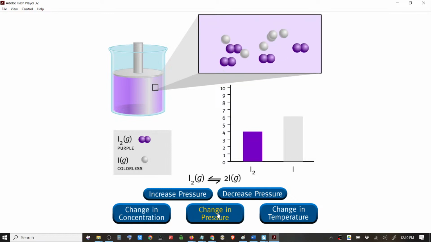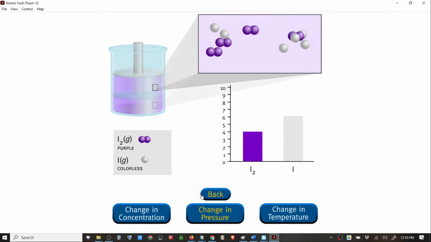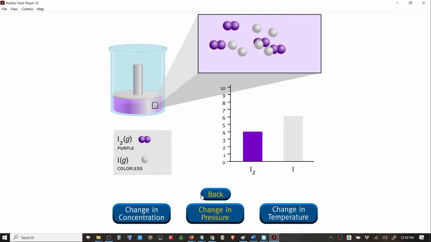Want to increase the pressure or decrease the pressure? Increase the pressure. You have increased the pressure by decreasing the volume of the container. The system can partially offset this stress by decreasing the moles of gas. Recall that pressure is directly proportional to the moles of gas.